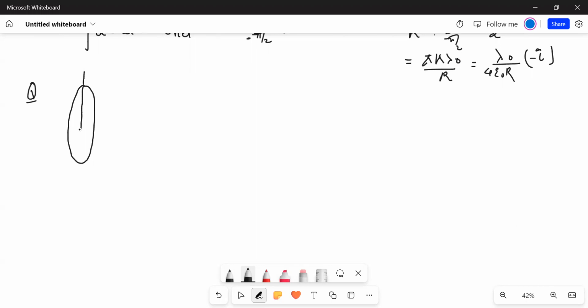Let us say this is your ring now, and let us say this is your x-axis, this is your y-axis, then this will be the z-axis.